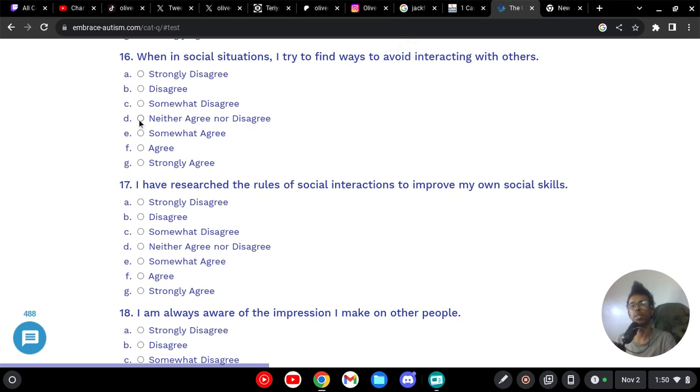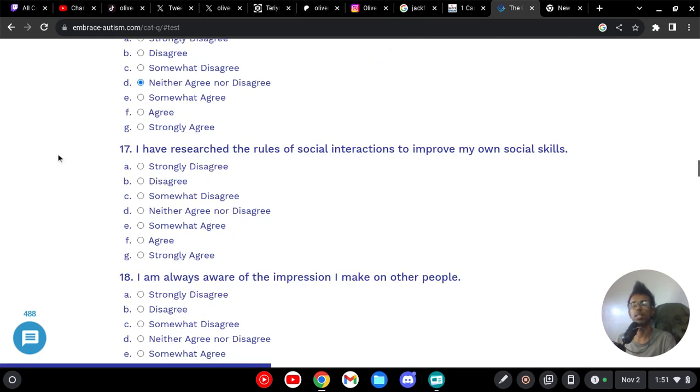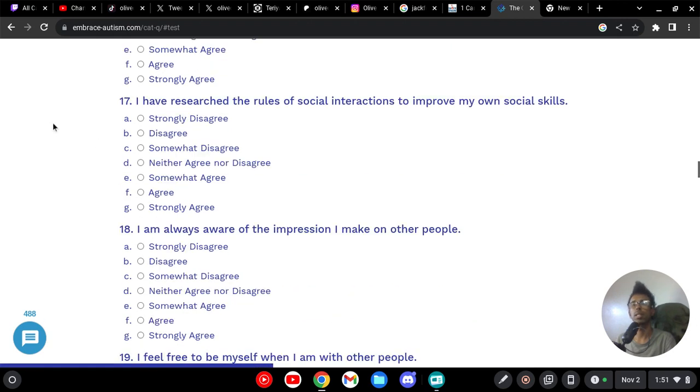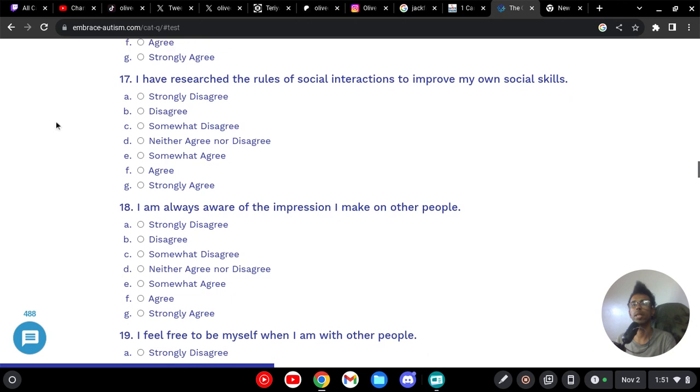But if I'm new to that setting, it's almost like I'll do neutral. Because on the one hand, if it's too much socializing, then agree. If it's just like you just showed up and the vibes are good, then it's the opposite. I disagree. But I'll say neutral for now.